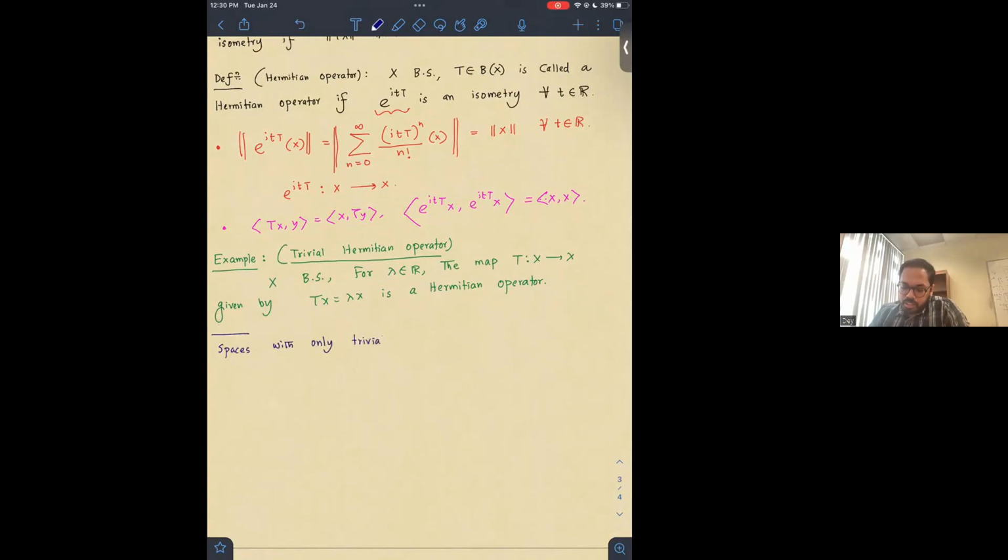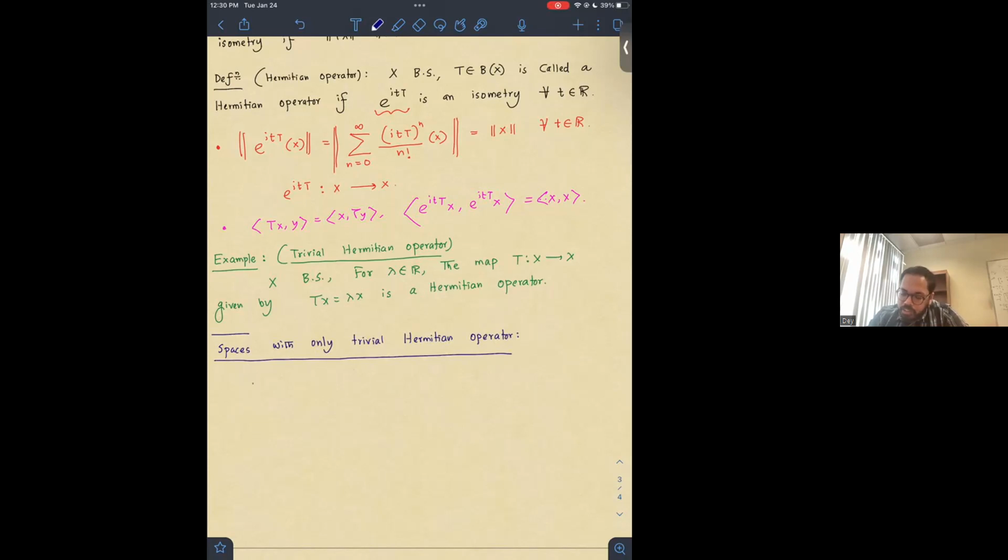That's actually a little more interesting. So I'm going to make a list of spaces where the only Hermitian operators are trivial ones. Once again, every Banach space has trivial Hermitian operators, but what is more interesting here is that there are some Banach spaces where the only Hermitian operators are the trivial ones.